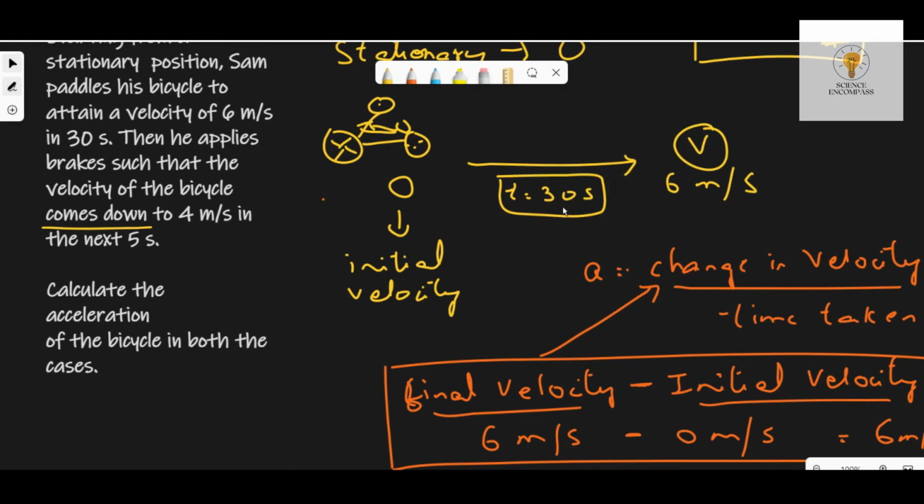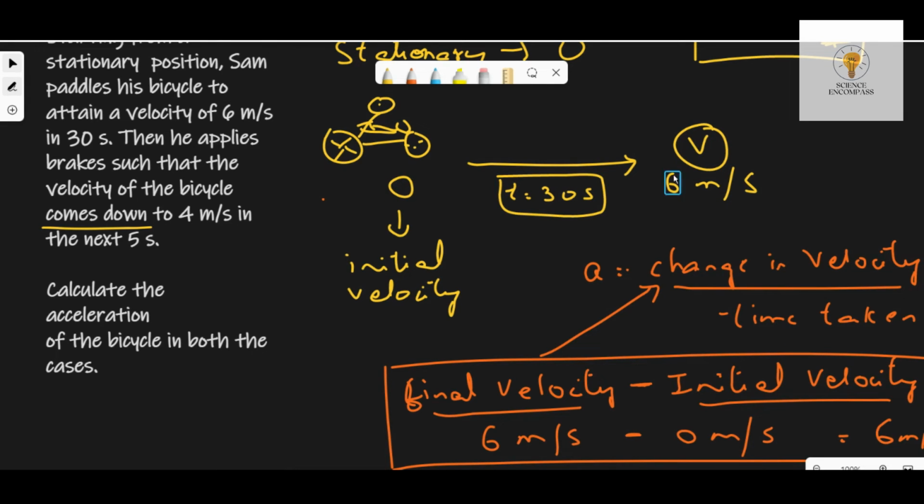Okay, so I will repeat this one more time. In case number 1, Sam started with the initial velocity of just 0. That's his initial velocity. And then the final velocity that he got was just 6 meters per second. That was for case number 1. This is the initial, this is the final.